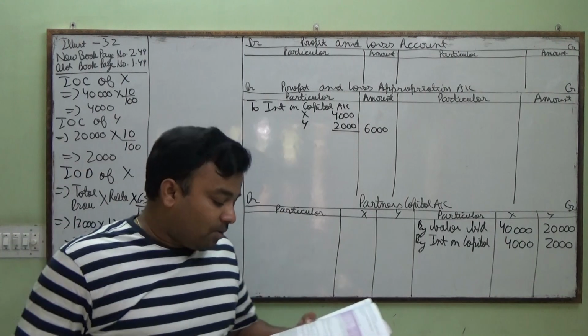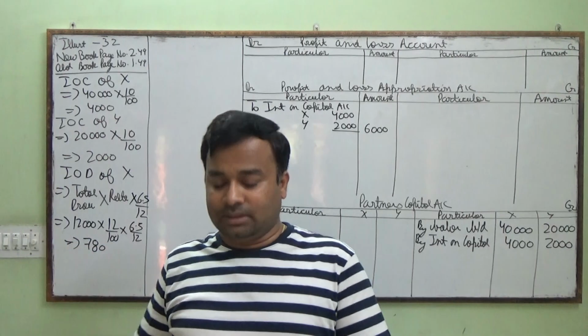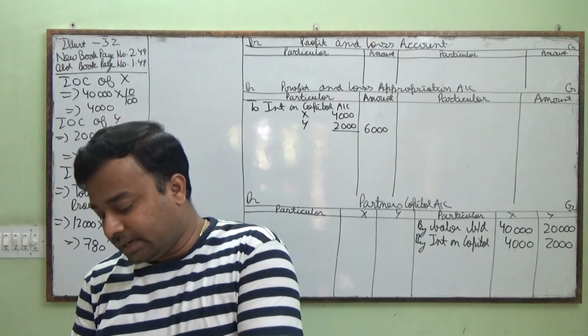What about Y? Y withdrew 1,000 per month at the end of every month. This we also discussed in an earlier lecture.